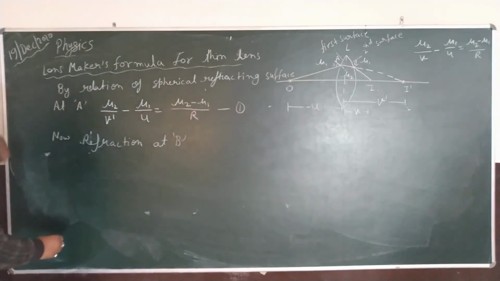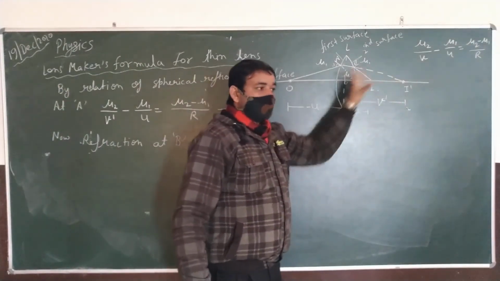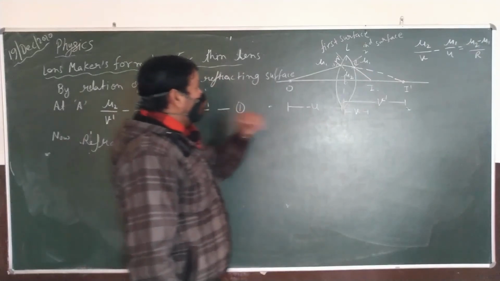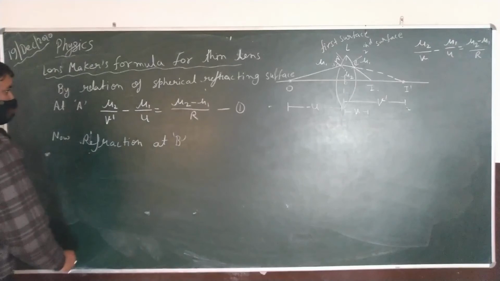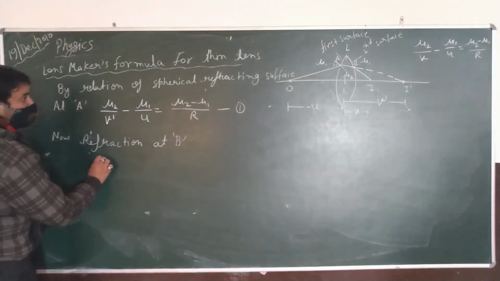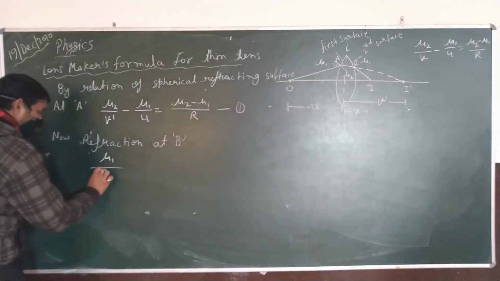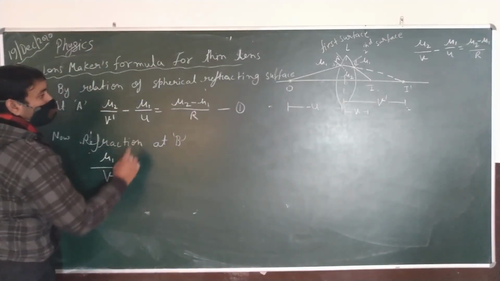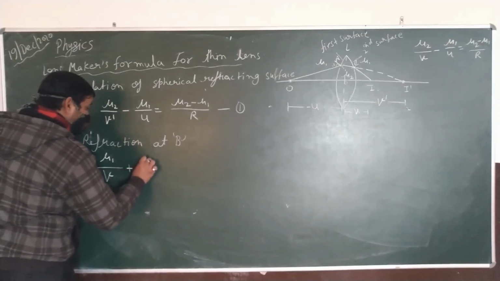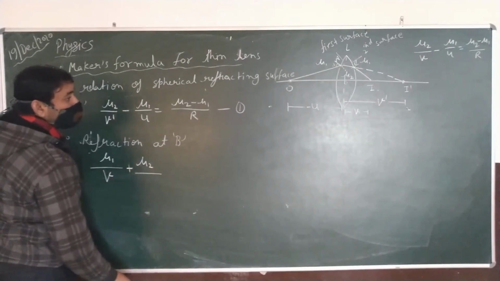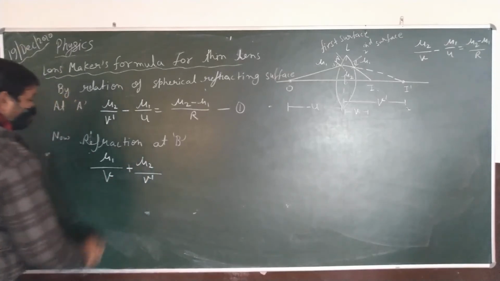again from the same formula, the light is traveling from A to B from the second medium. Okay, so we have mu1 upon v plus mu2 upon v dash.